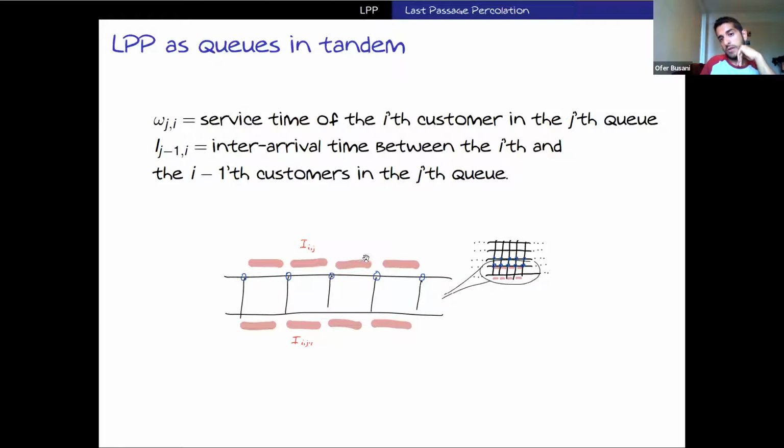These inter-departure times can again be fed into the next ladder shape here. So we can again tell the story of how it behaves like a queue, and this shows you that this indeed behaves like queues in tandem. Is this clear? I hope this is clear.